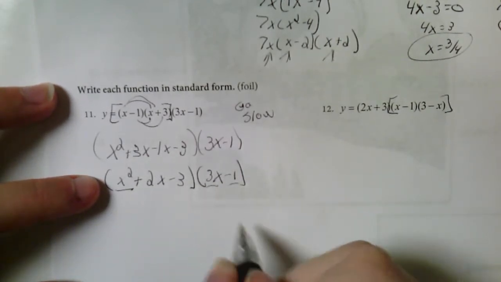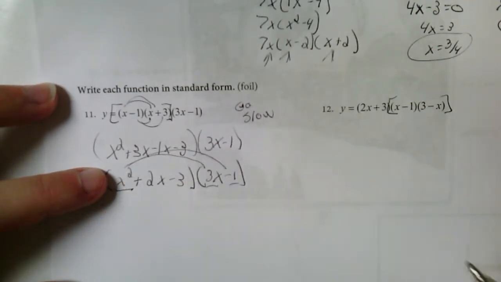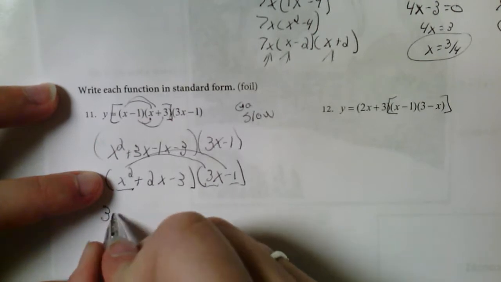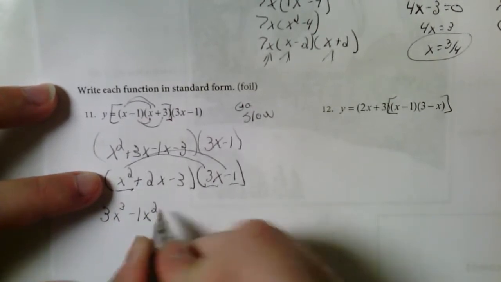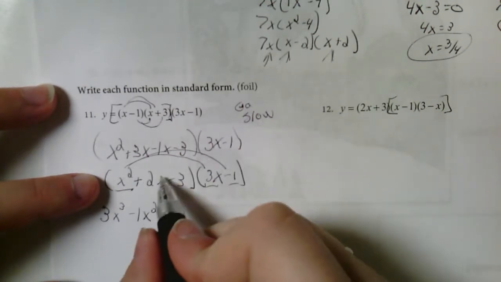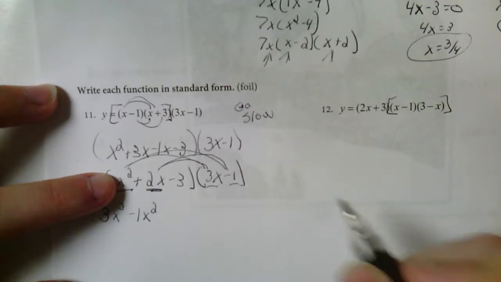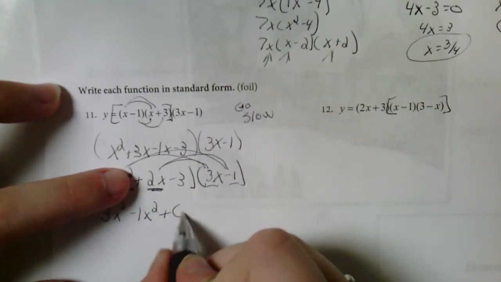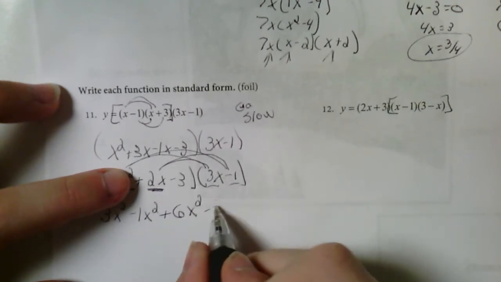So if I take an x squared and I times it by 3, and I times it by negative 1. So that's going to give me a 3x to the third and a minus 1x squared. Then I have to do it again with the 2x. I'm going to take 2x times 3 and 2x times negative 1. So that's going to give me a positive 6x squared, and then 2x times negative 1, negative 2x.